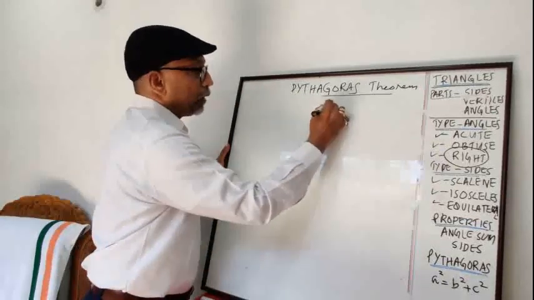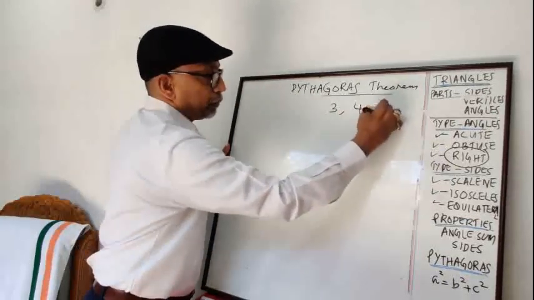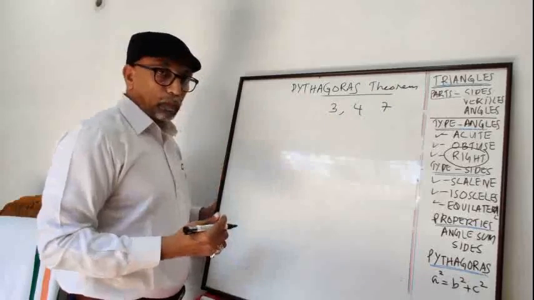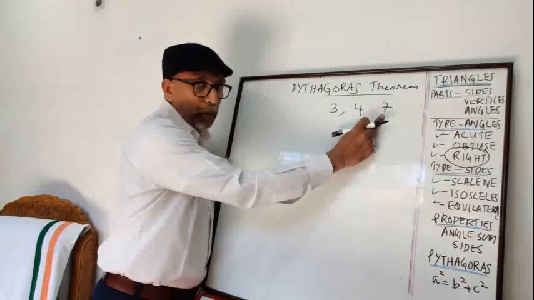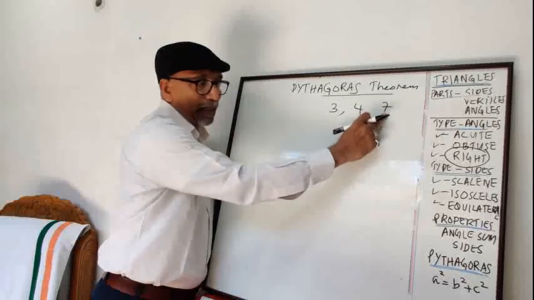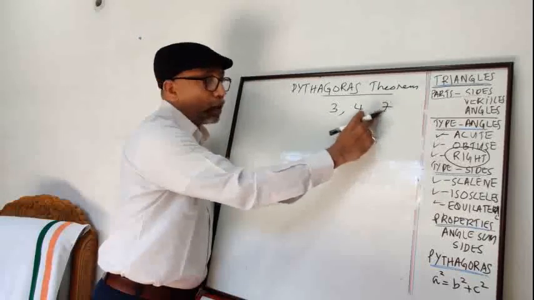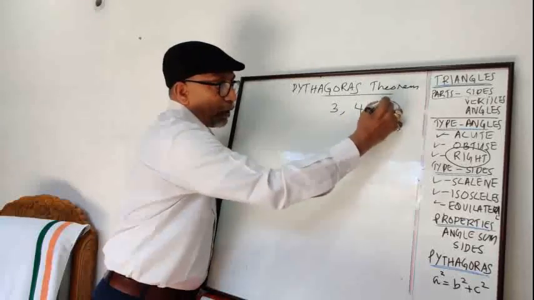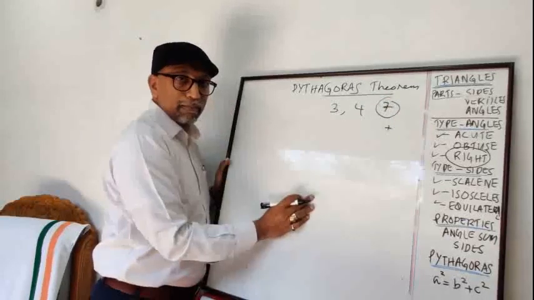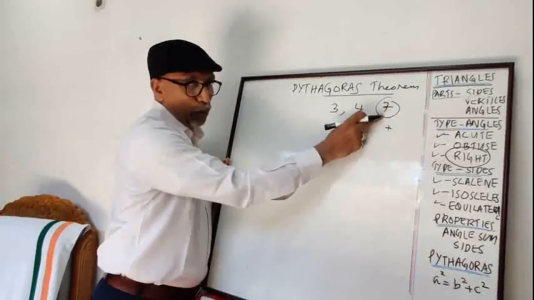If you have 3 numbers and you want to find the largest one, how will you find it? 3 plus 4. So if you want to find this one, it is plus, because this is the largest one. This is the hypotenuse, I told you.